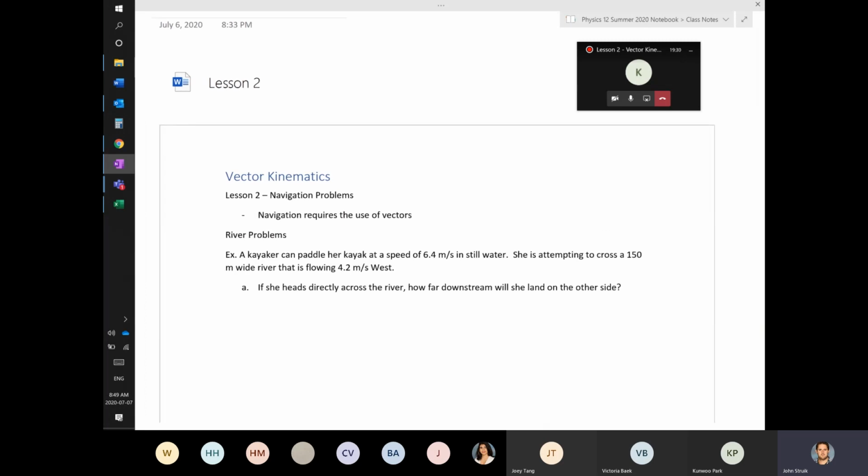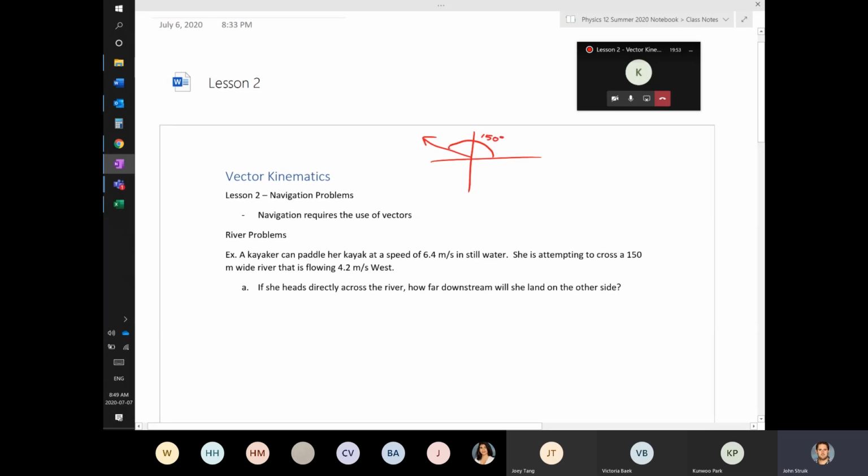Some universities will actually use your 360 degree scale. So if it says a plane is traveling 150 degrees at a certain speed, that would be something like this. So 150 degrees is this right here.